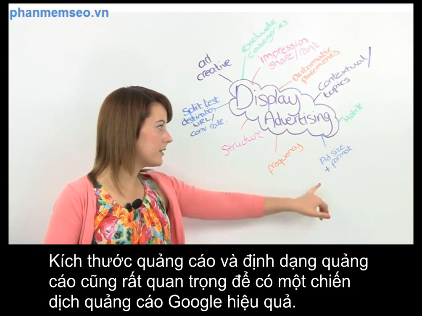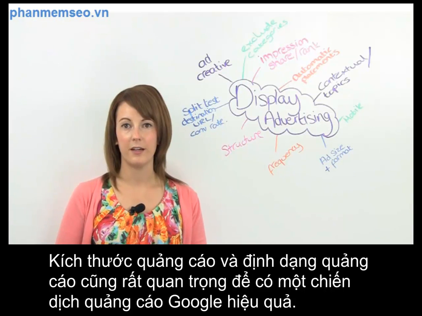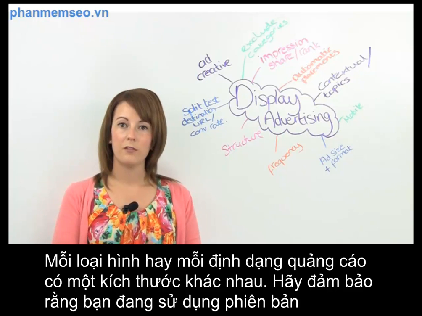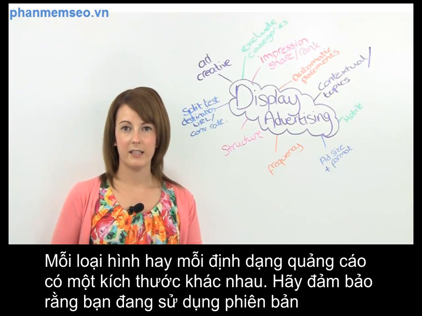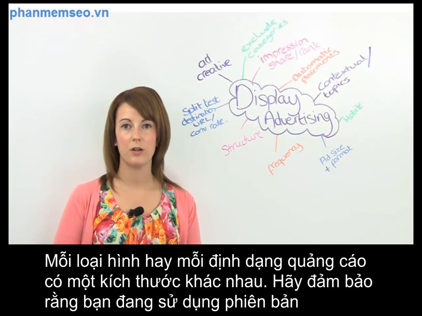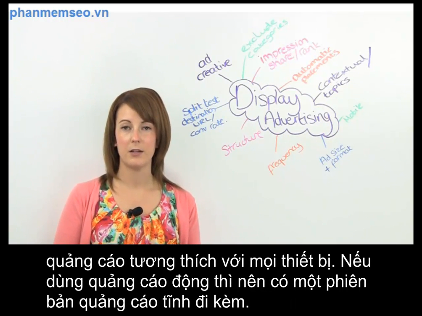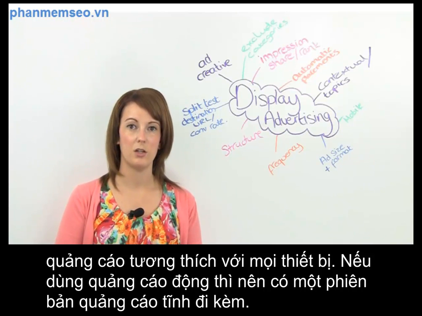So ad size and format's really important for an effective display campaign. You need to make sure you've got one of each type of ad size in each ad group. You should also try to make sure that, if you use animated ads, there's always a static version in there too.